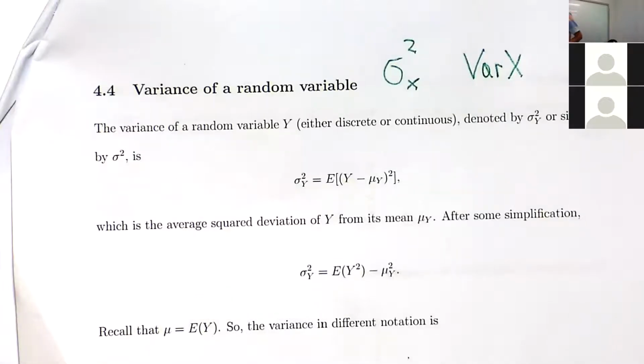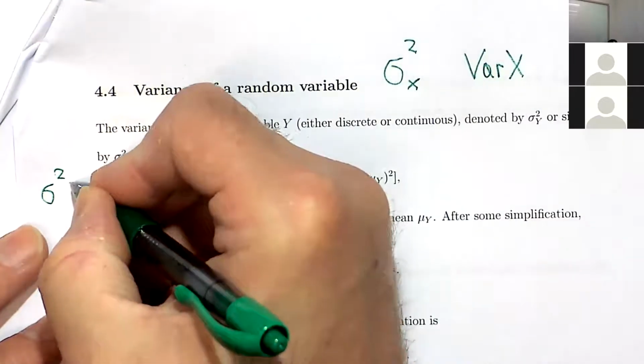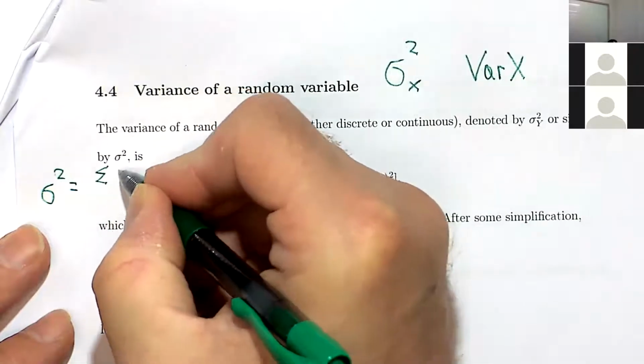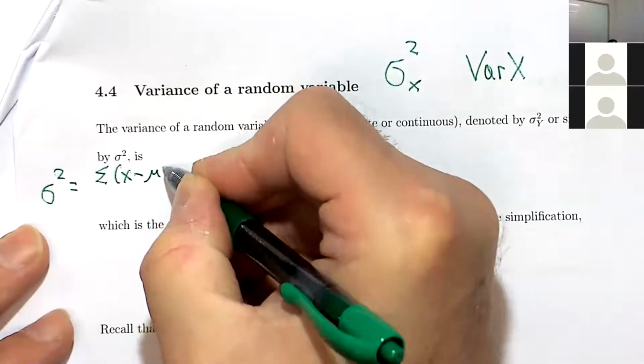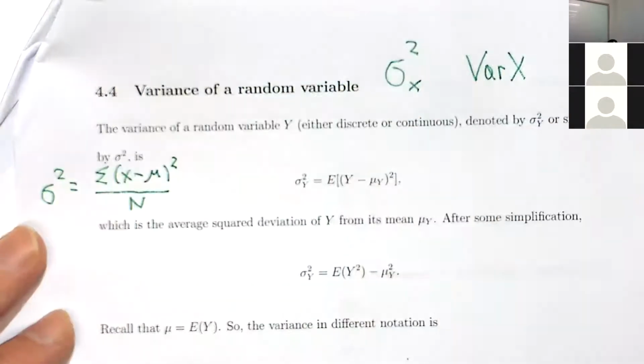Let me remind you about the variance of the population. The variance of the population, sigma squared, is equal to the sum of (x minus mu) squared over n.